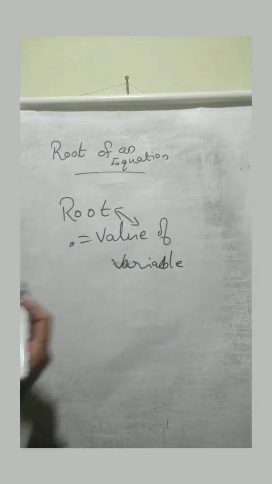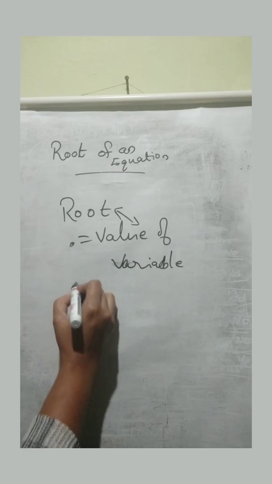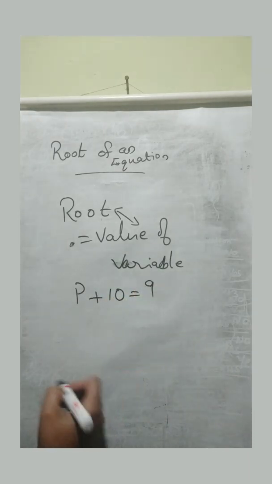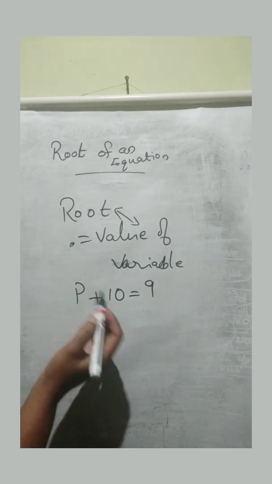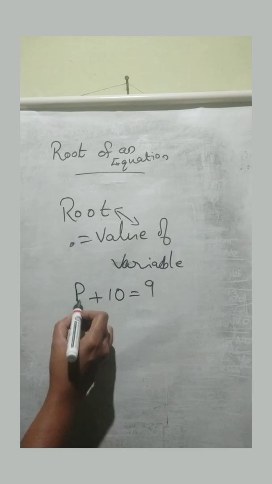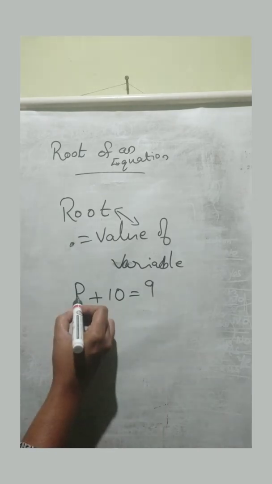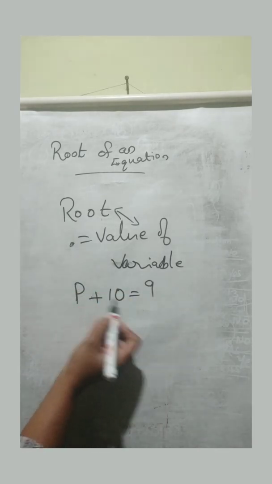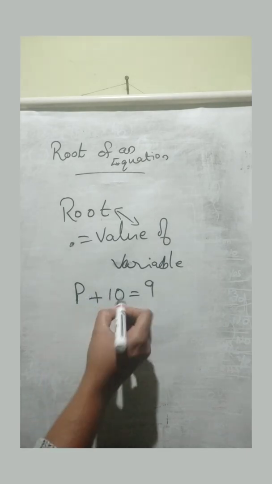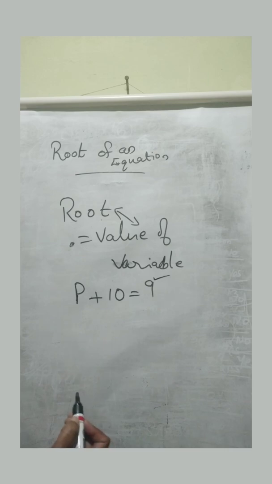So in this case, p plus 10 is equal to 9. Here we can find the value of this variable p. When we add the two numbers, 10 and p, we have to get 9 as the answer.